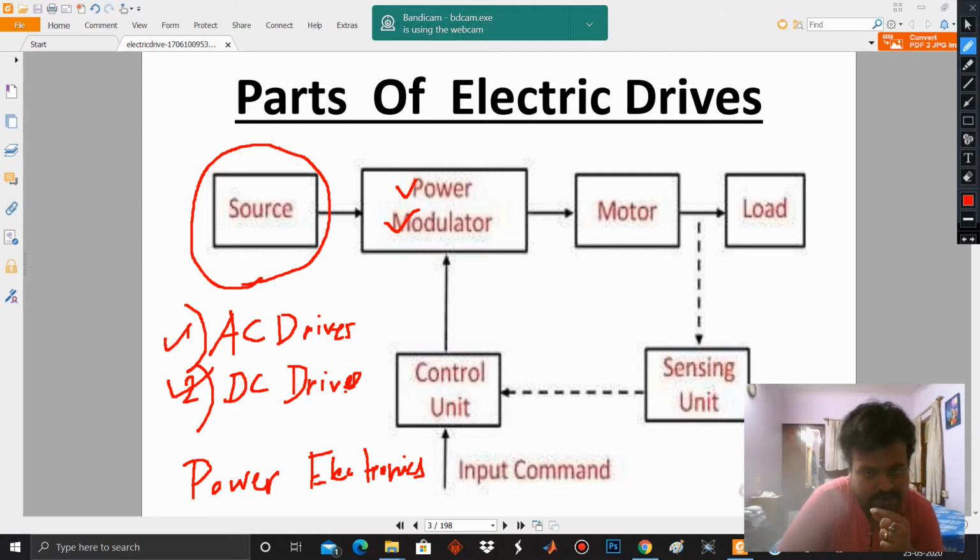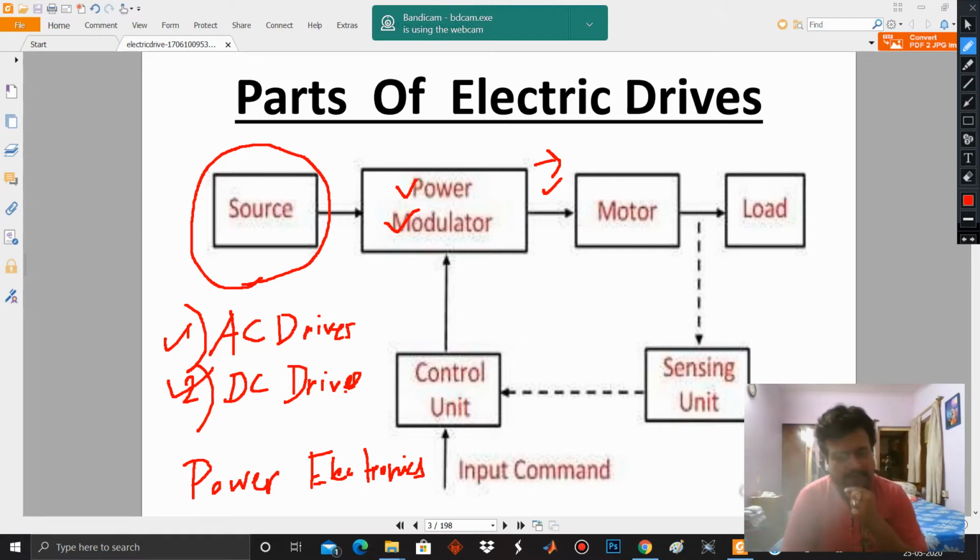The modulated power should go into the motor.